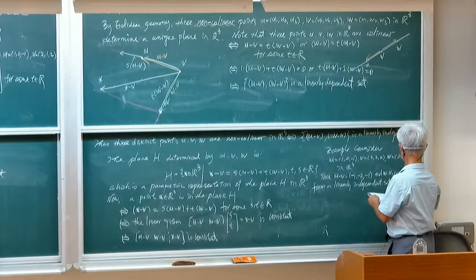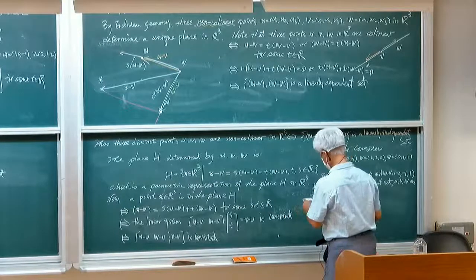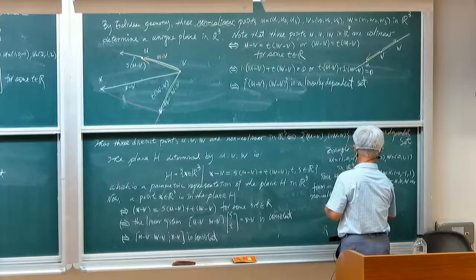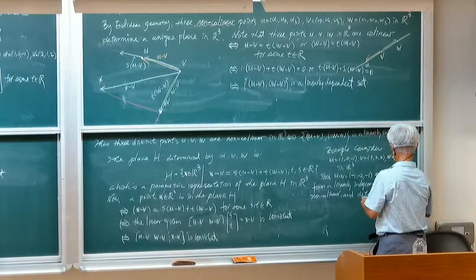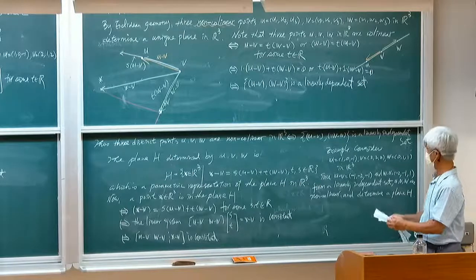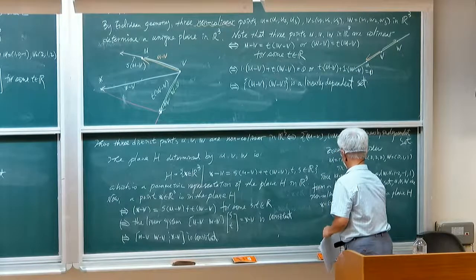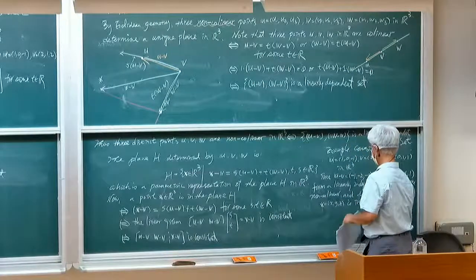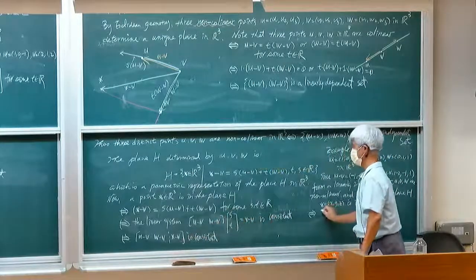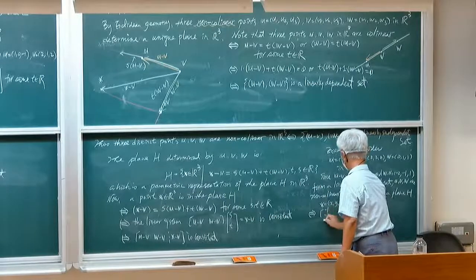So u, v, w are non-collinear, so that they determine a plane H. And so x is in the plane if and only if, now we use this augmented matrix. u minus v is minus 1, minus 2, and minus 1.